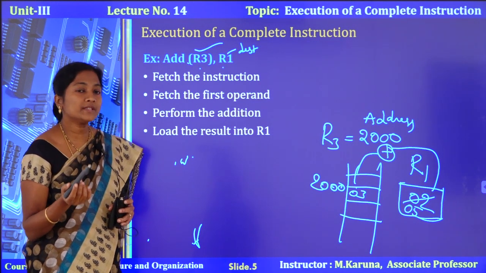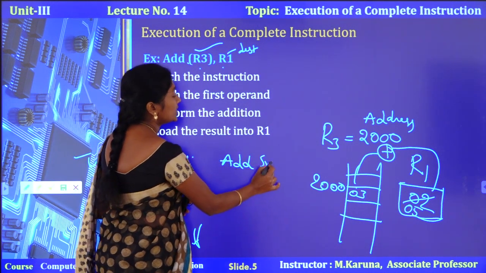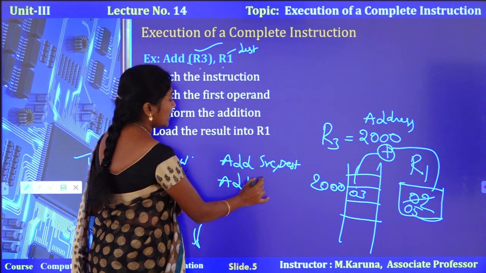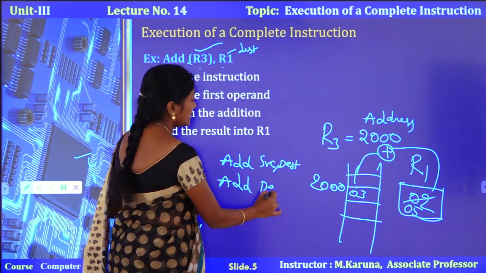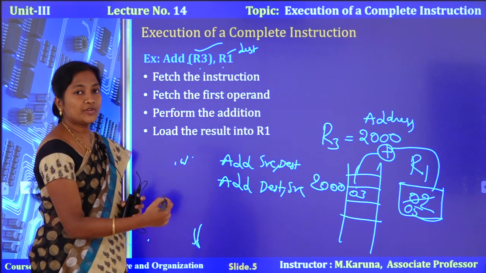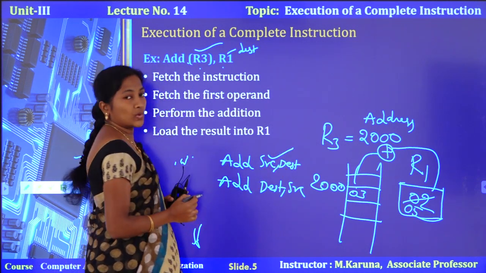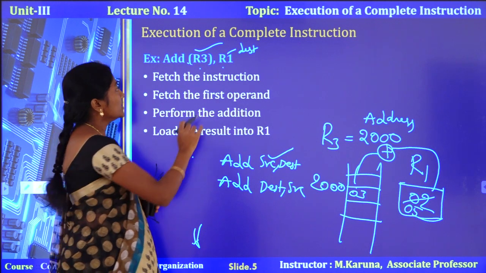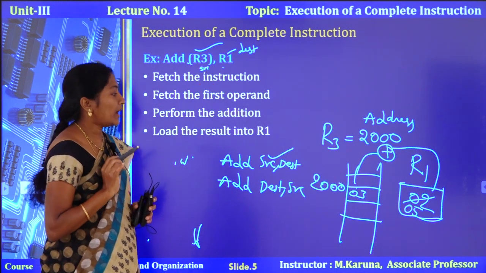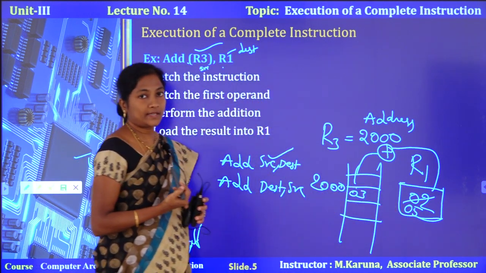Some computers write add source comma destination, while in others the syntax is destination comma source. In this case we are using add source comma destination. After performing the operation, the output is transferred to the destination register R1.